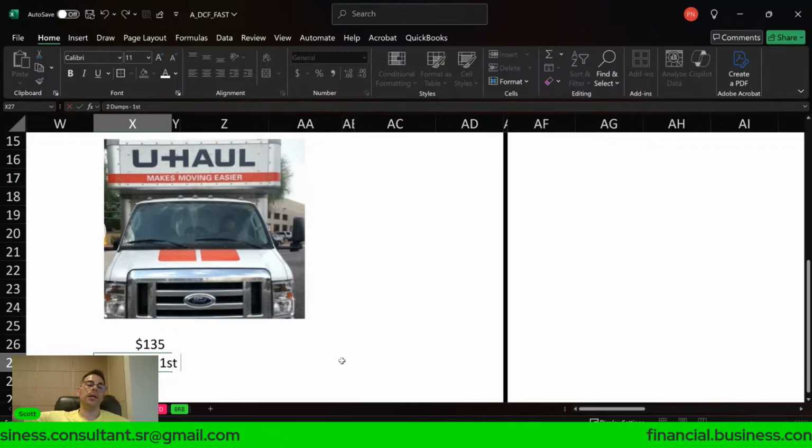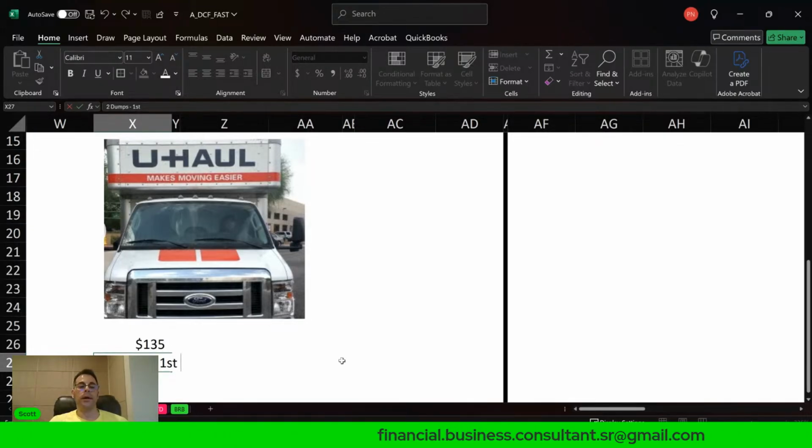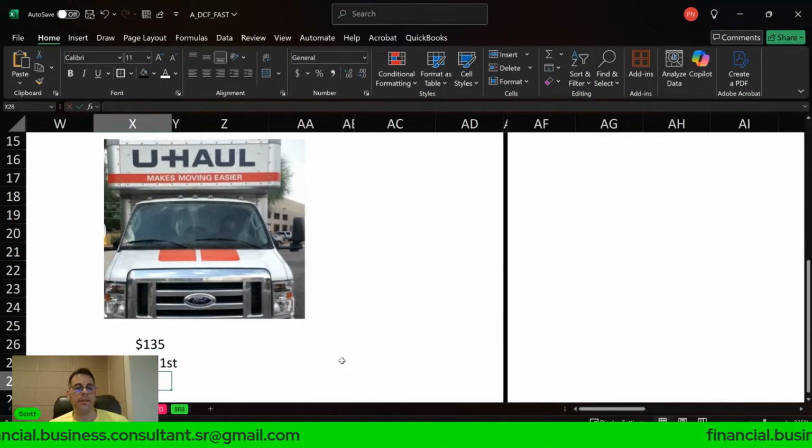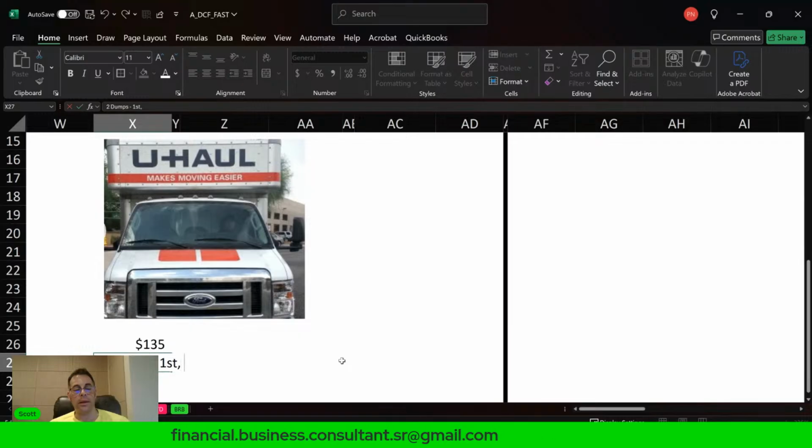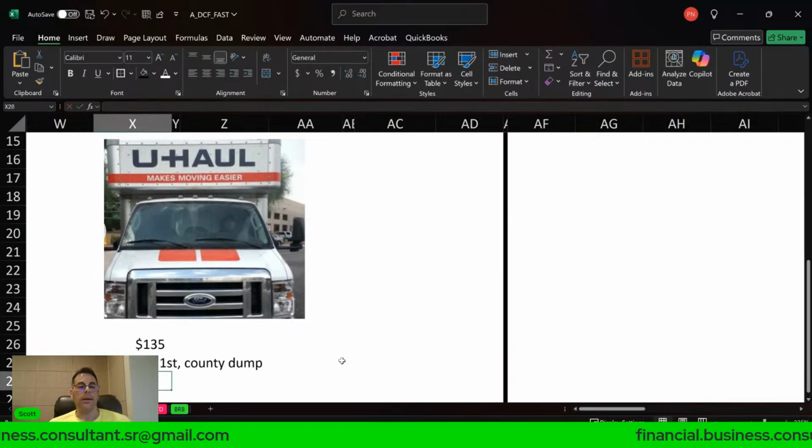But the Recology near the warehouse is not an actual dump. It's just like a service place for vehicles. So they're like, oh, we don't take it. I was like, okay. But the guy said, why don't you go to the county dump, so anybody can dump there. Anybody.